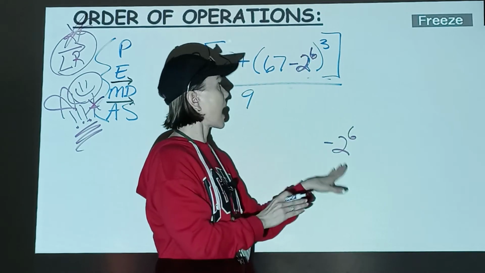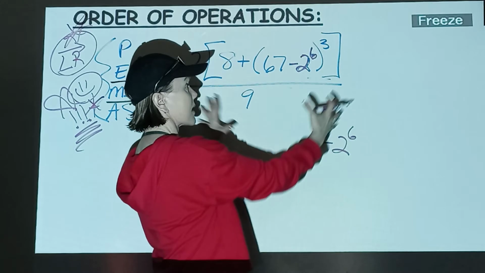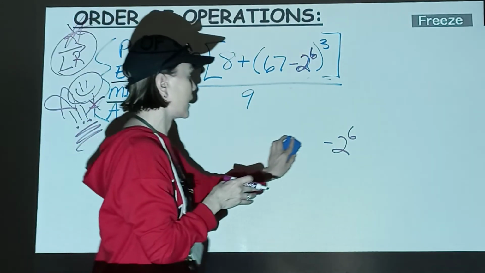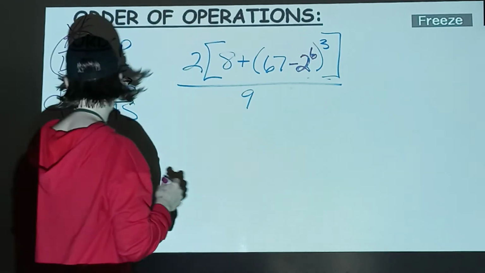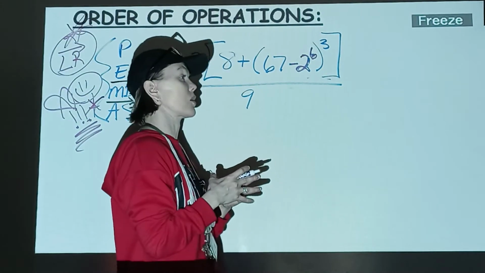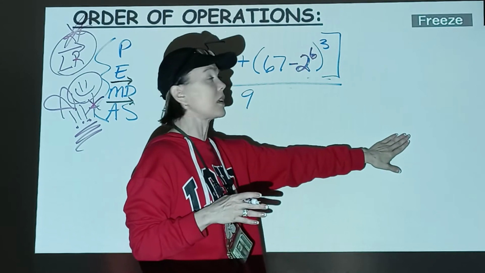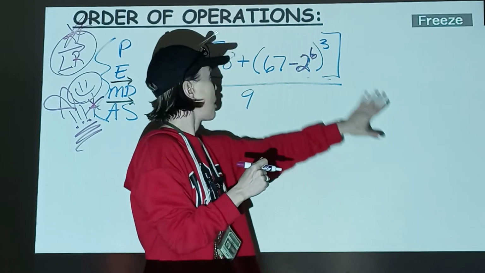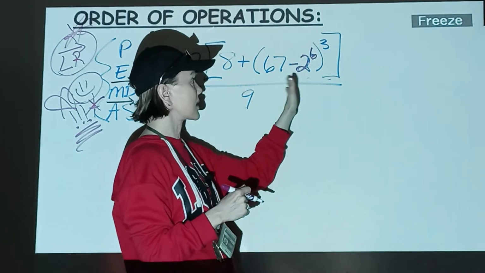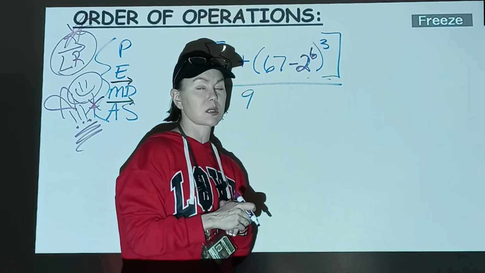But it's not by itself here. It's within the expression. So it's actually 67 minus 2 to the 6th power. I hope you can understand the distinction.